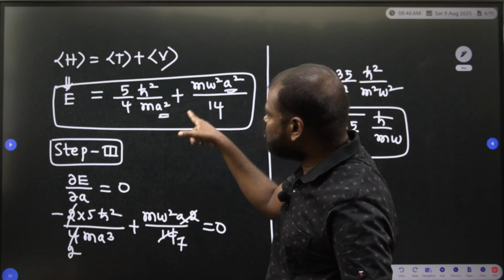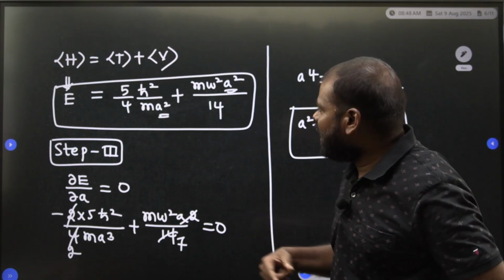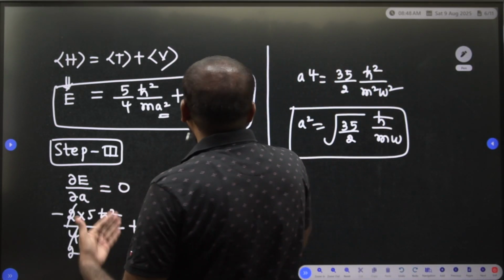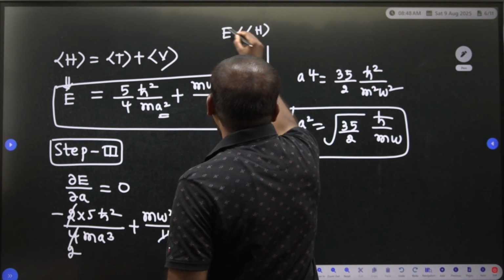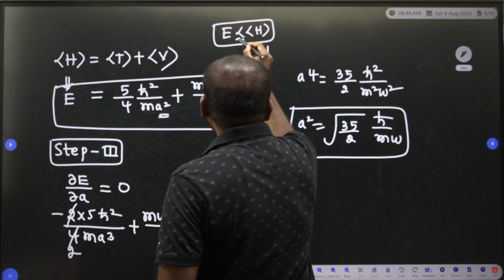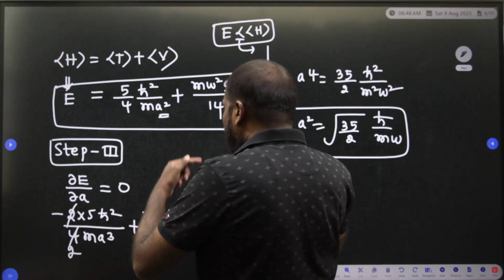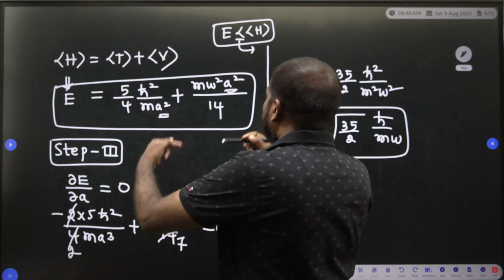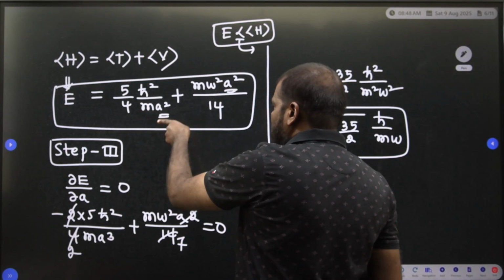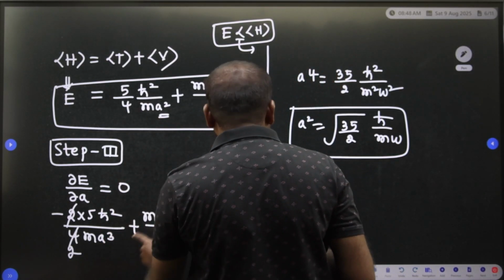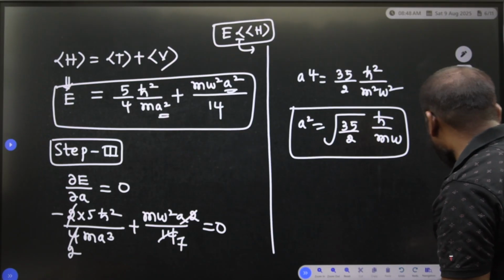Now again you have to minimize this, because the trial energy is always greater than or equal to the ground state energy. So when it is equal, you minimize that energy. So minimize the energy with respect to the parameter a squared. So we do this, and you are going to get the a squared value.